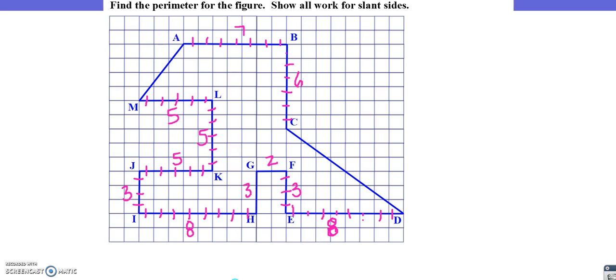Now that takes us to the two slanted sides. So what happens is we have to use another formula and do the Pythagorean theorem to figure out how long those sides are going to be. So I've got this triangle.